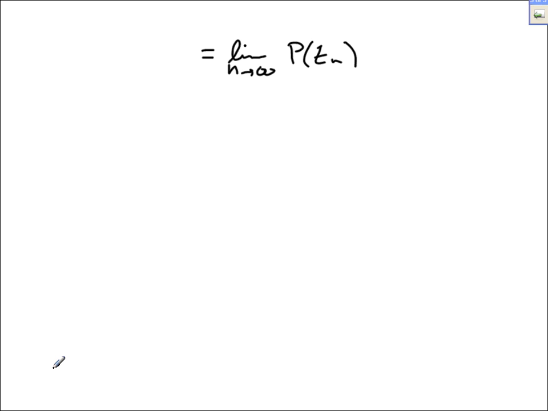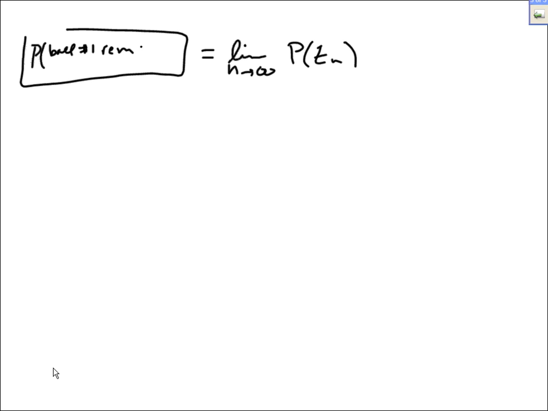And what I had at the very beginning of that equal sign is the probability that ball number 1 remains at the end. Okay, what is the probability that the ball remains at the end? And we defined E sub n, and now we know it equals the limit of the probability of En as n goes to infinity.